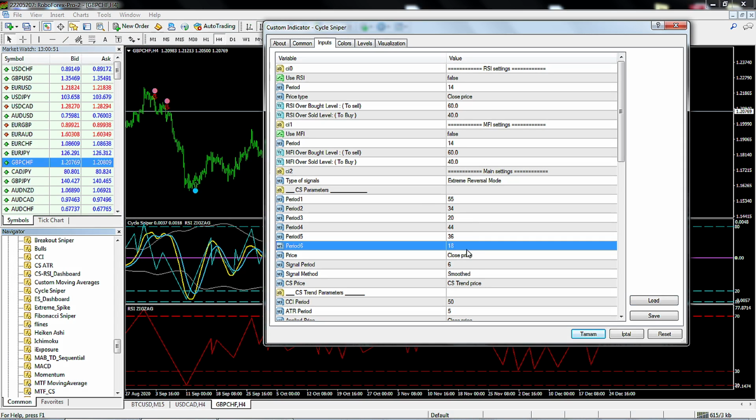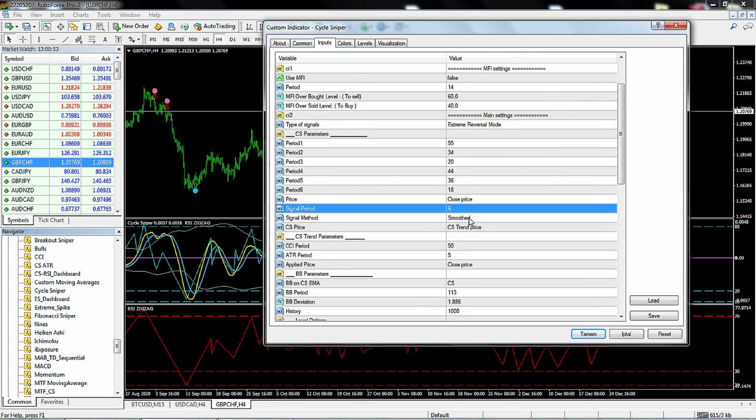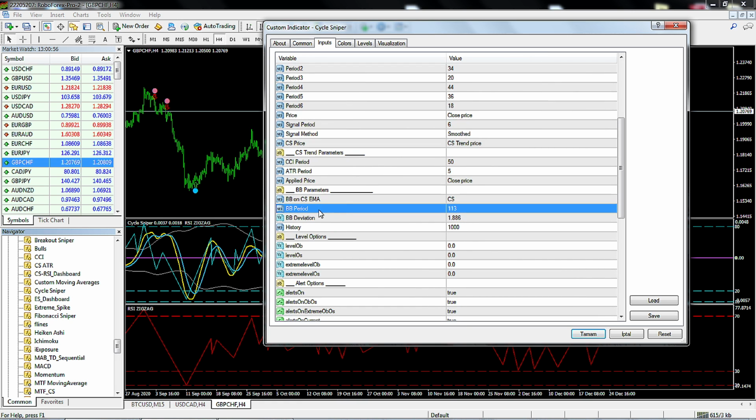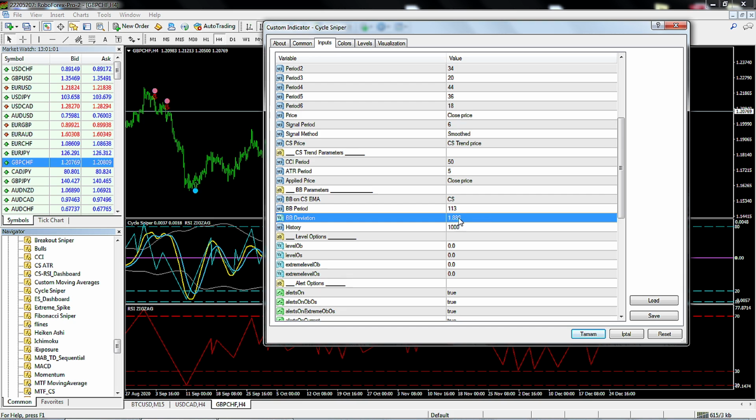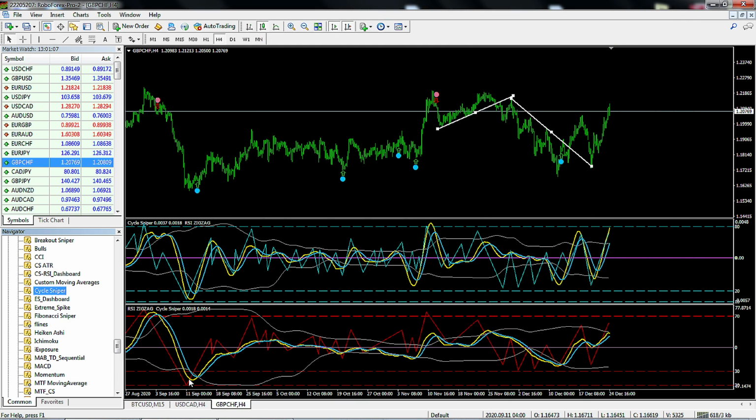So we change those settings now, and also change the BB period to 113 and BB deviation to 1.88. So this is the bigger deviation, bigger cycles. We can say that both the smaller and bigger deviation of Cycle Snipper plus the RSIs are all oversold, so we can buy here.